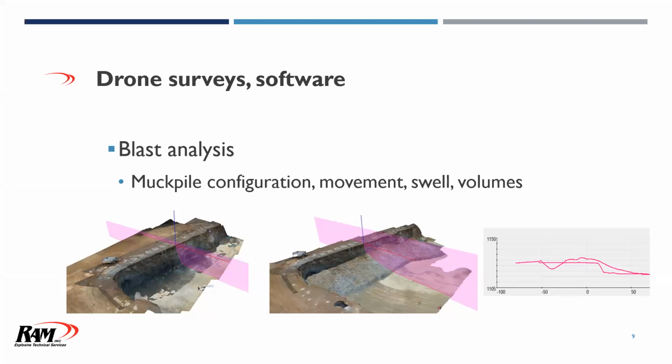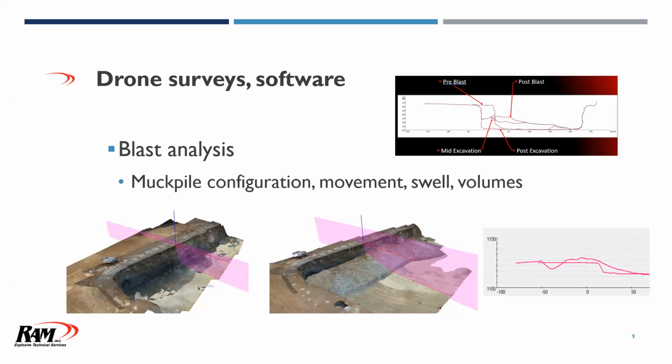So in the event we're changing explosives, we're changing delay times, patterns, hole diameters, things like that, we can use this as a tool to be able to gauge what kind of performance that we're getting with that. And even in a situation we're doing progressive excavation and things like that, we'll talk a little bit more in detail about that here in a minute. But on this one, you can see here, we've got our pre-blast cross-section, post-blast cross-section, and then also mid and final excavations as well.